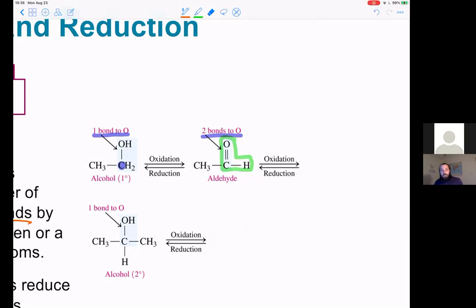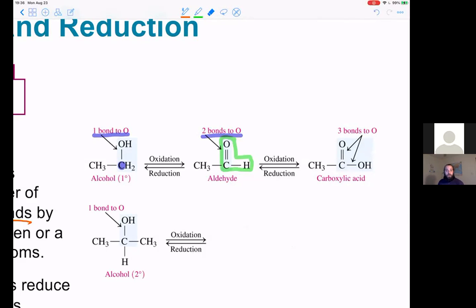And what am I doing when I'm oxidizing? I'm just going to add another carbon-oxygen bond to that same carbon. And so in this case, that would be putting another OH group on there, right? So I'm replacing the hydrogen with an OH.